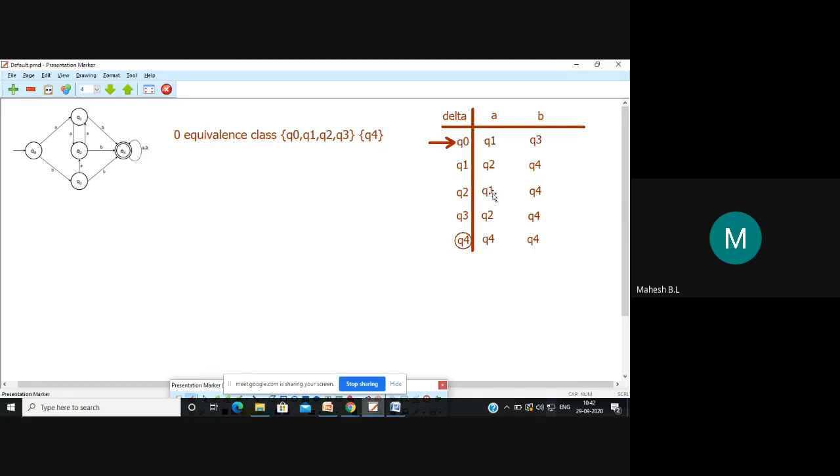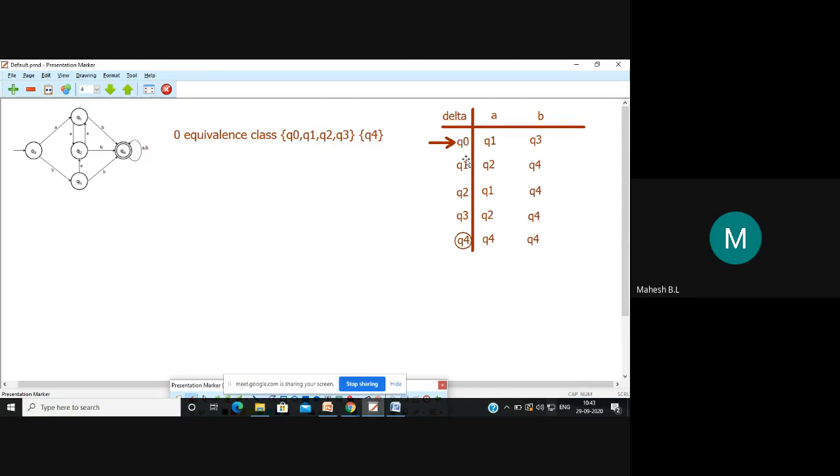Q2 goes to Q1, Q4. Q3 also goes to Q2, Q4. That means except Q0, the remaining three states make a transition on A to this class, and on B to another class.